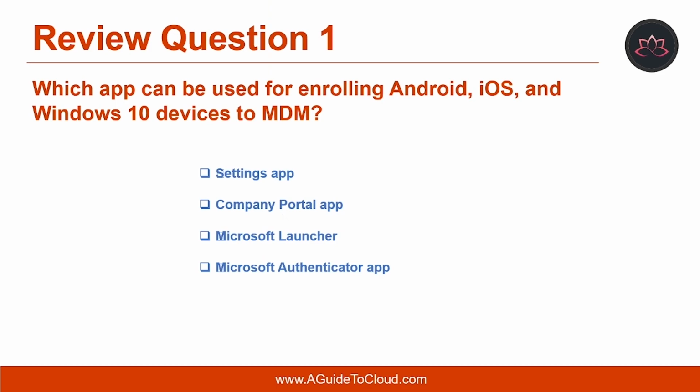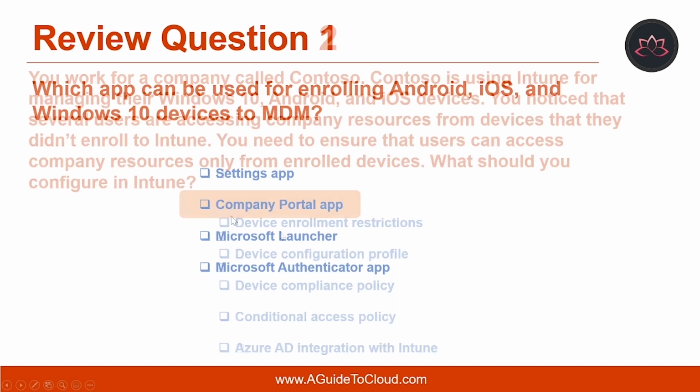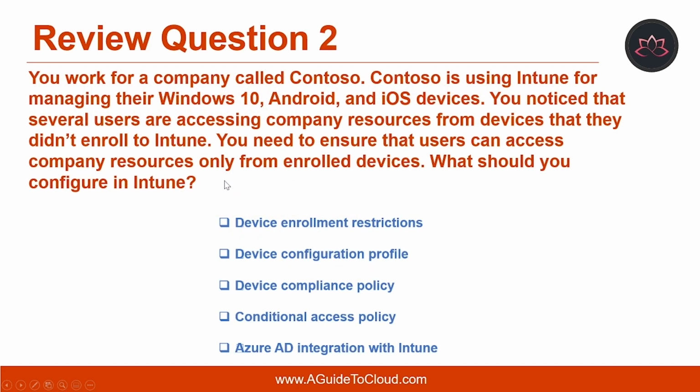Which app can be used for enrolling Android, iOS, and Windows 10 devices to MDM? The correct answer is Company Portal app. Question number 2. You work for a company called Contoso, and Contoso is using Intune for managing their Windows 10, Android, and iOS devices. You notice that several users are accessing company resources from devices that they don't enroll to Intune.